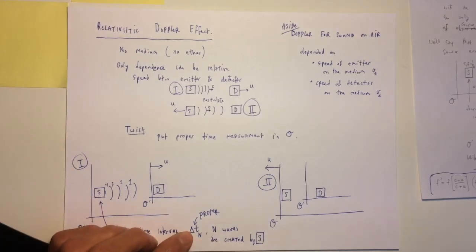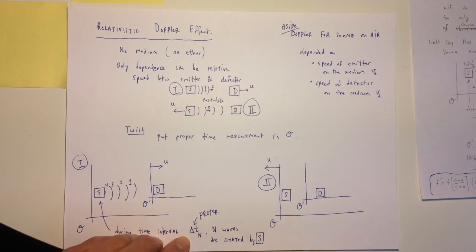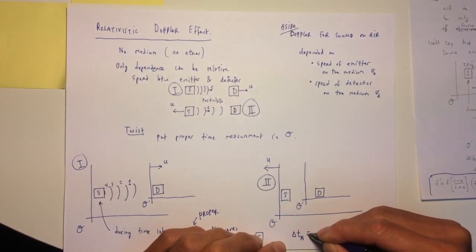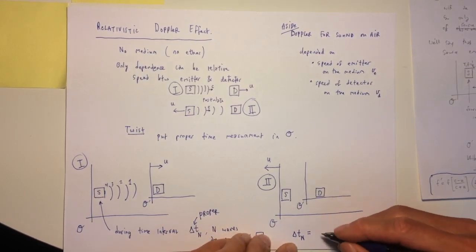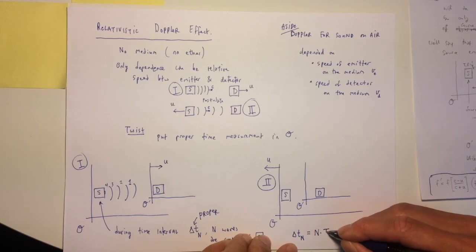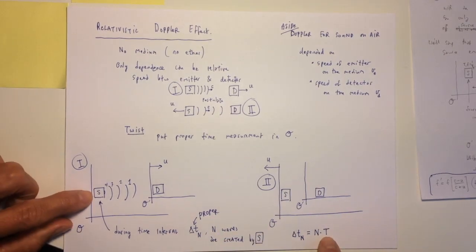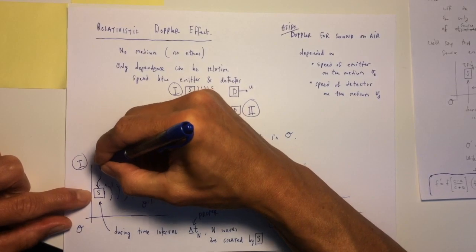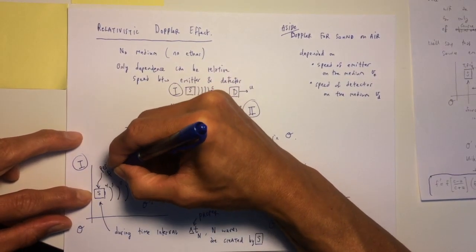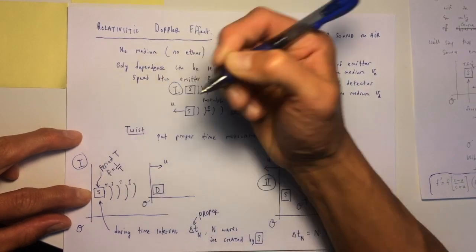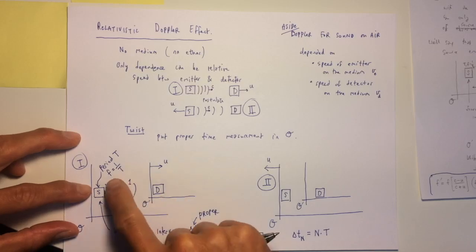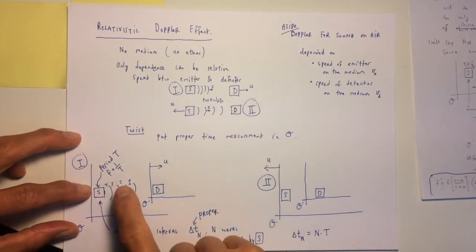Okay, so that's delta t sub n, and this delta t sub n, furthermore, is equal to n times, say, the period, right? This has a period T and a frequency 1 over T. And because we're talking about the proper time in this case, you could maybe say that's called the proper frequency, right?